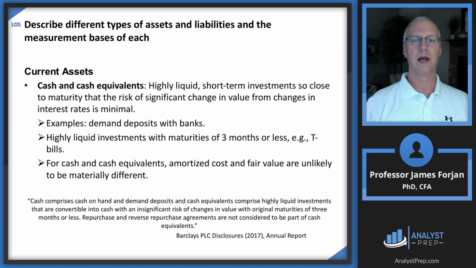All right, current assets. Cash and cash equivalents are highly liquid short-term investments so close to maturity that the risk of significant change in value is minimal. Demand deposits with banks, amortized cost and fair value are unlikely to be materially different.